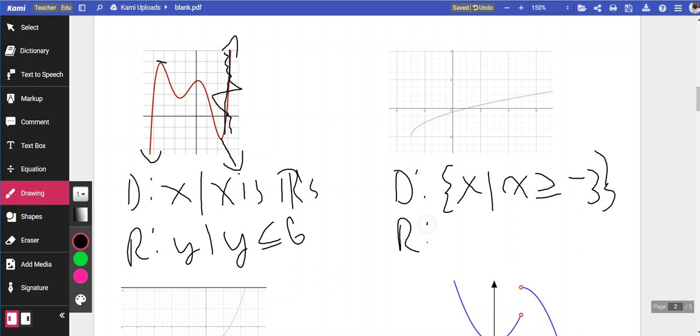And then the range on this guy, it looks like the lowest it reaches, according to this graph, is -2, and it's all the way over to the right. So then you would say y such that y is greater than or equal to -2. So that's your domain and range in set notation.